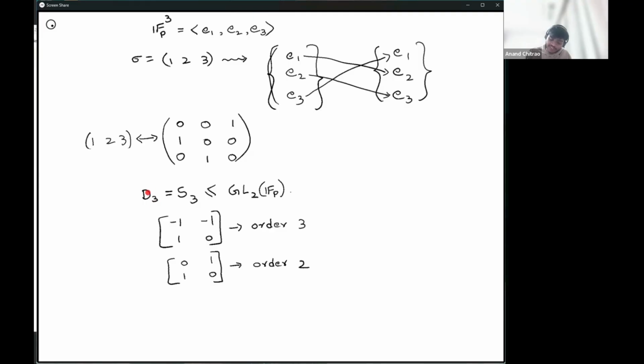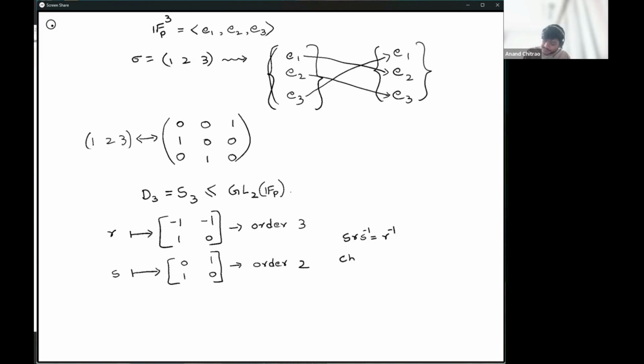So to find a copy of D3 inside GL2(Fp), you send R to this matrix and you send S to this matrix. Now, go back after this lecture and check if the relations for D3 are satisfied by these two matrices. You know that S R S inverse is R inverse.